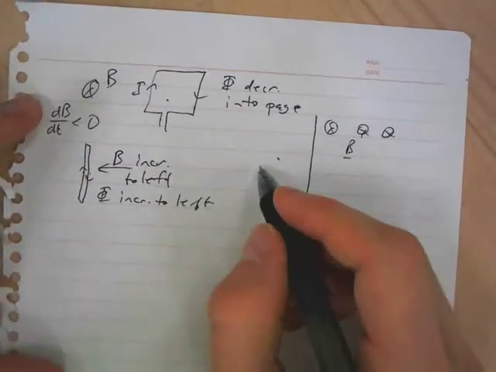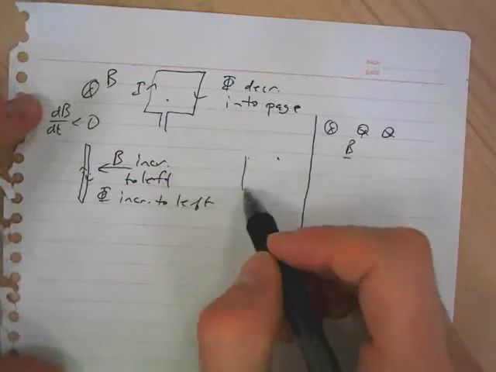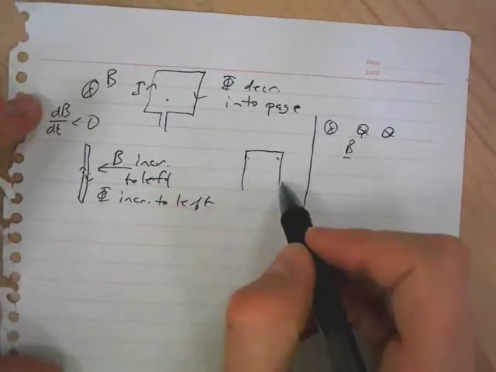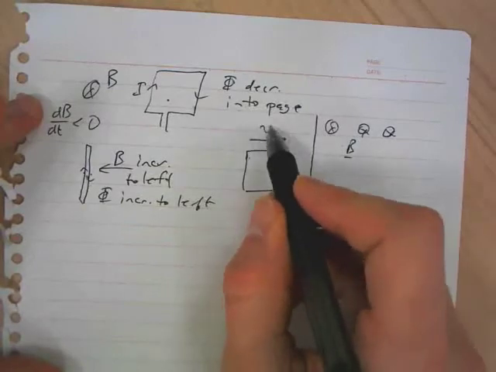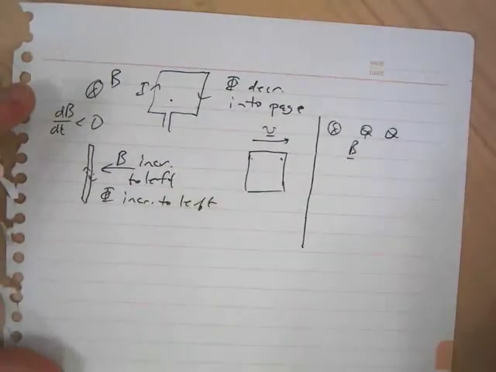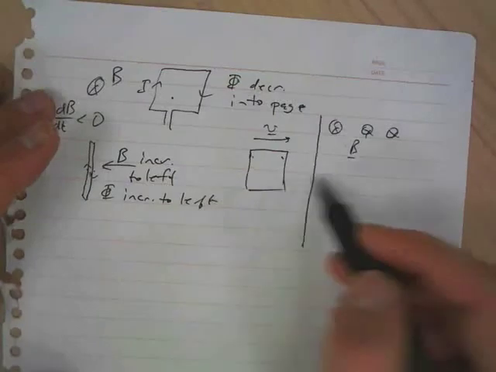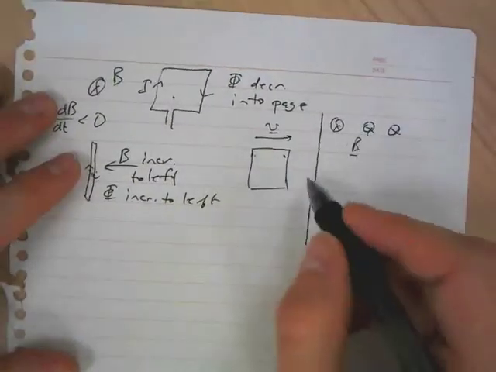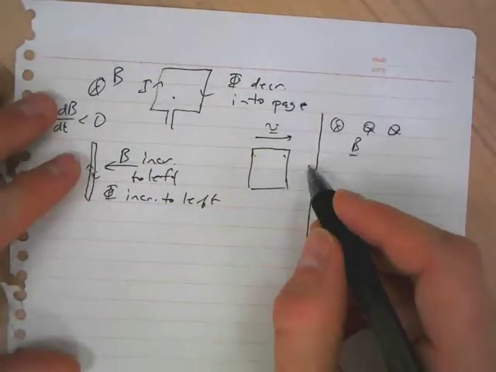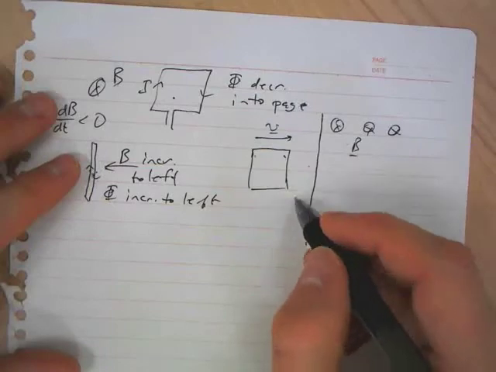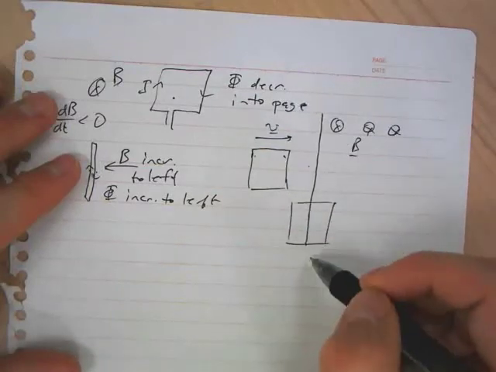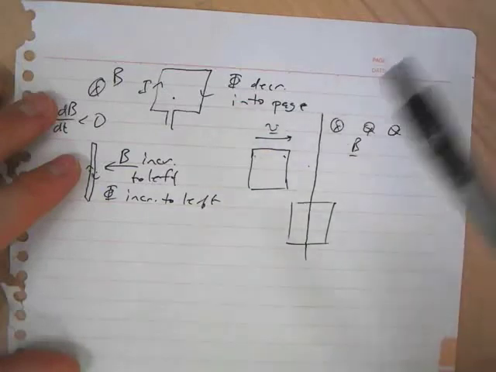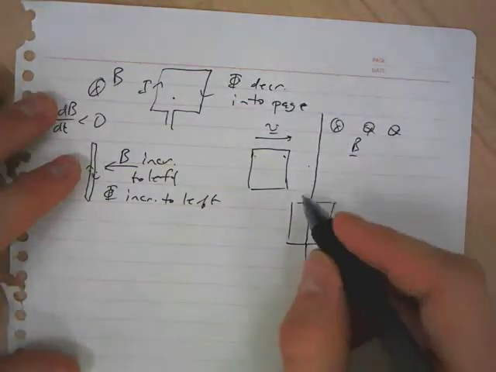Okay. We've got a loop, and this loop, I don't know if it's being pushed or it's riding a car or whatever, but it has a velocity. It's heading into this B field. So, nothing's going to happen, and then while it's on this boundary line, there is going to be a changing B field, a changing flux.